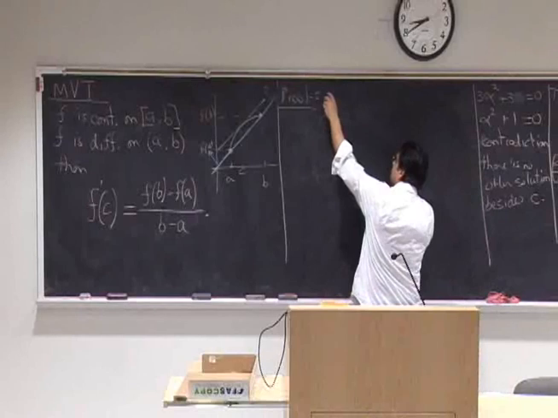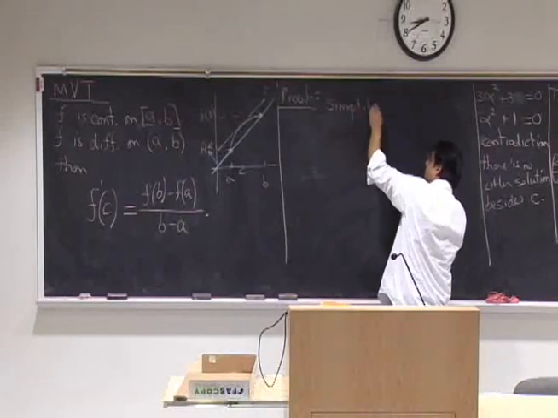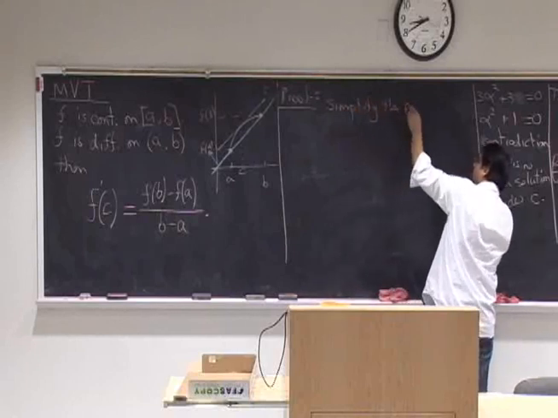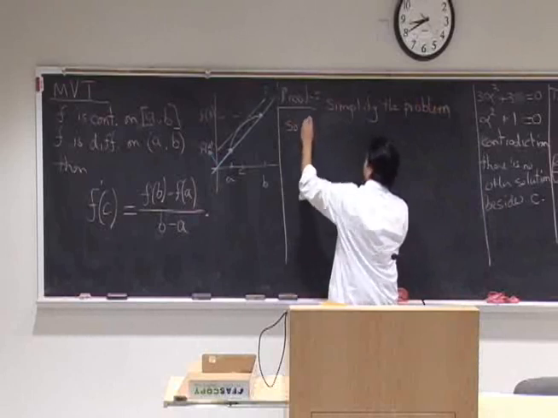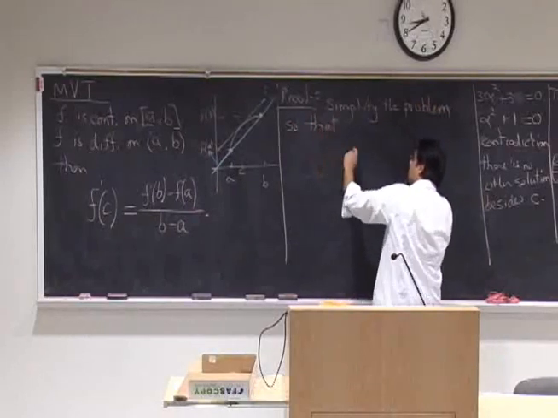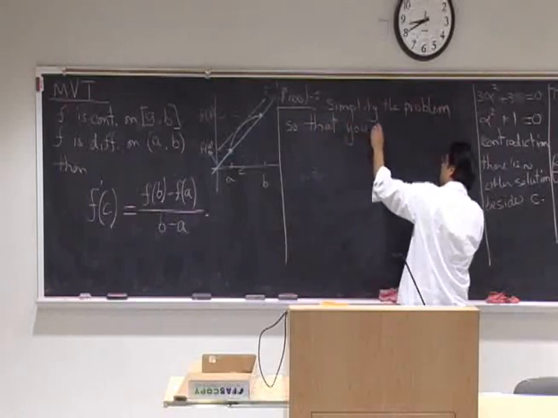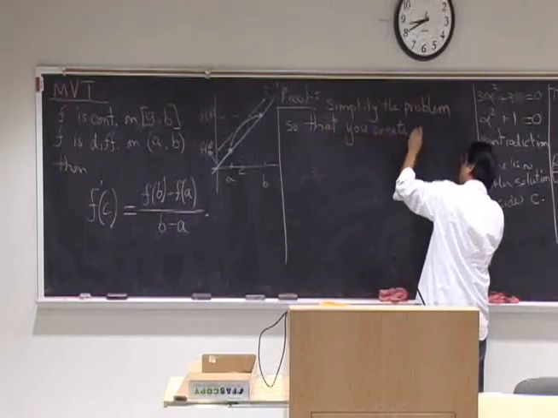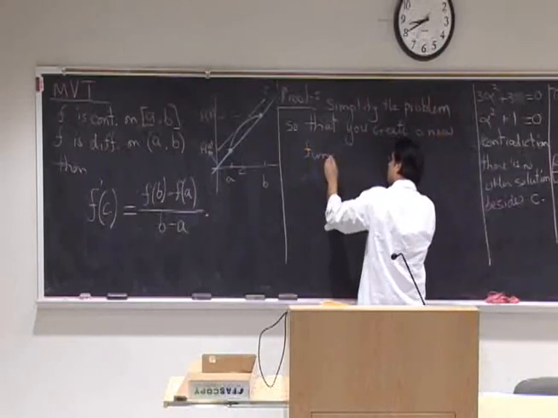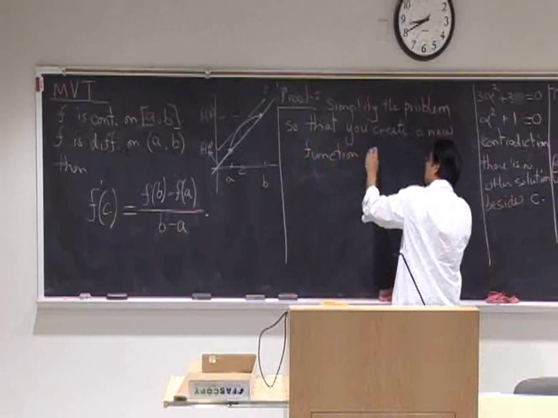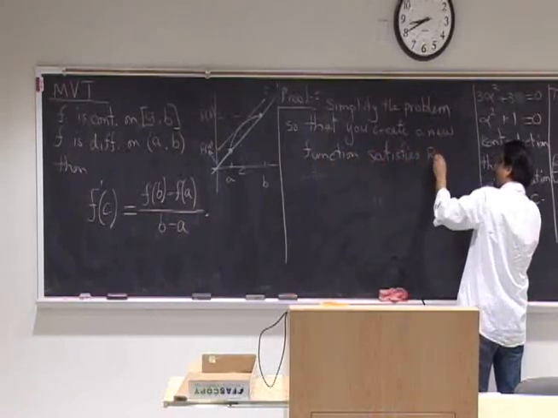The idea is to simplify the problem, so that when you create a new function, it satisfies Rolle's theorem.